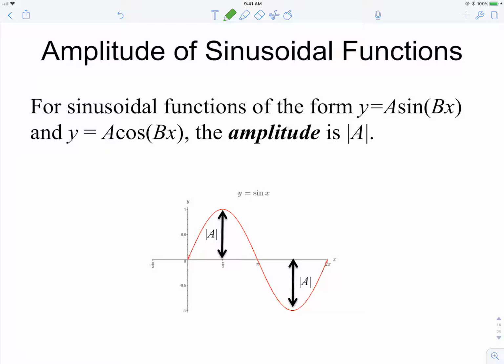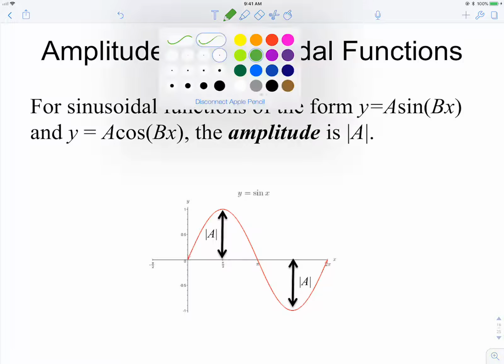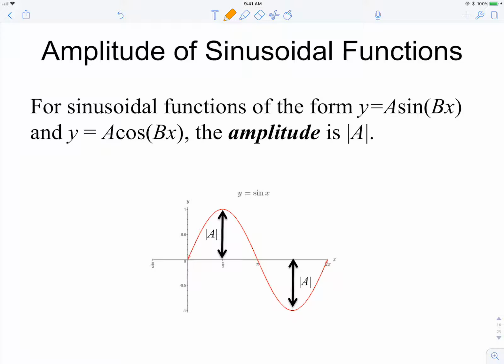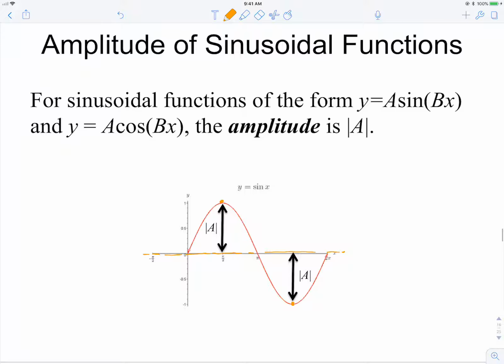Because we haven't done any vertical translations yet, it's the distance from the x-axis to the highest point on the wave, the maximum point, which is the same as the distance from the x-axis to the lowest point on the wave. So we call the absolute value of a the amplitude of the function.